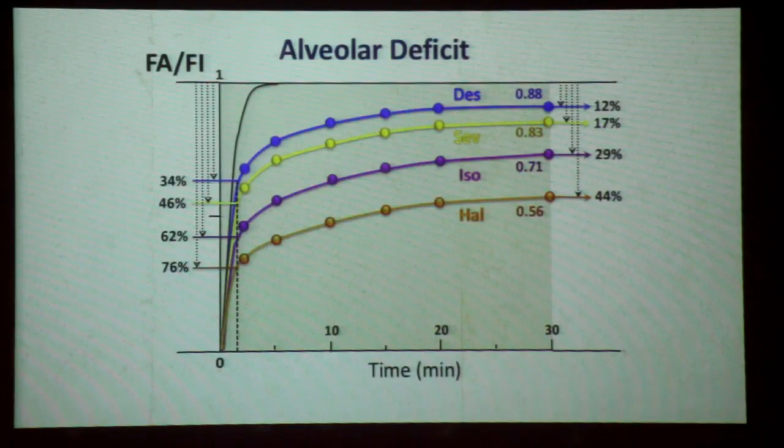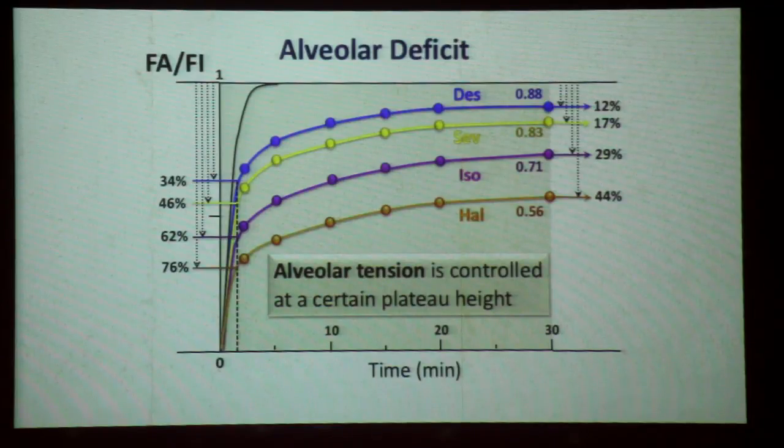So what are we looking at? Initially we looked at the FA-FI ratios here. But when we look at the ratios at this point, it makes more sense to us, because we want to know the alveolar tension which is controlled at a certain plateau height. To determine the alveolar tension which controls this plateau height, it is better to invert it.